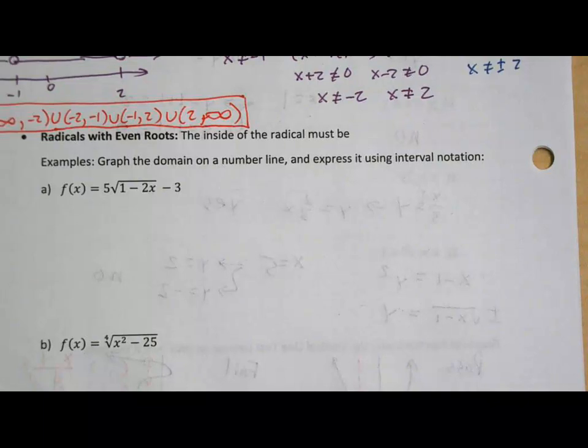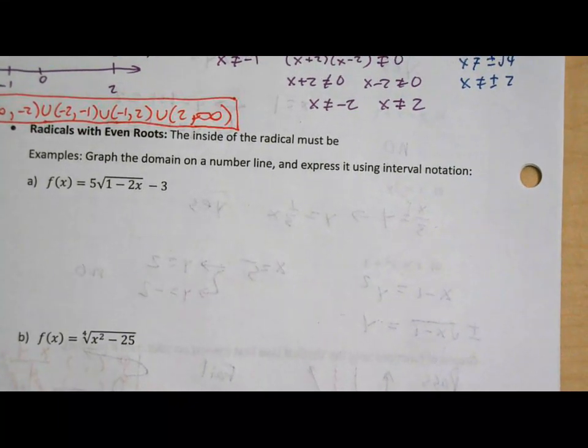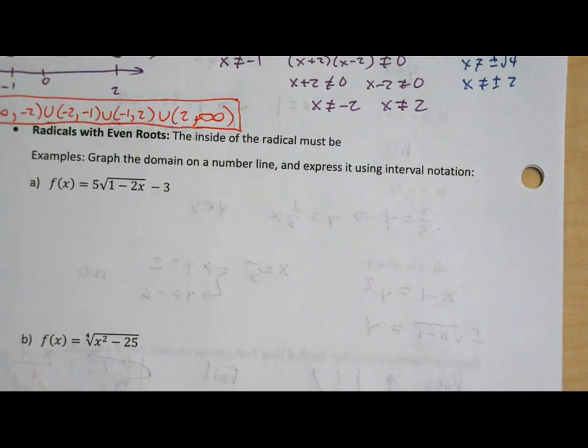Now, the inverse of that is easier to do mathematically. It's just harder to say in English. So the inside of the radical must be what? What is the opposite of it can't be negative? It must be positive or equal to 0.